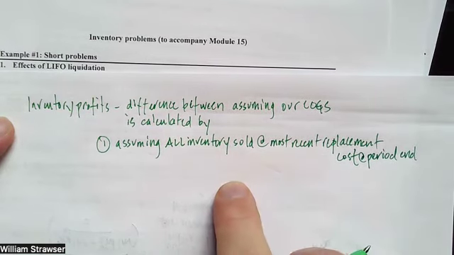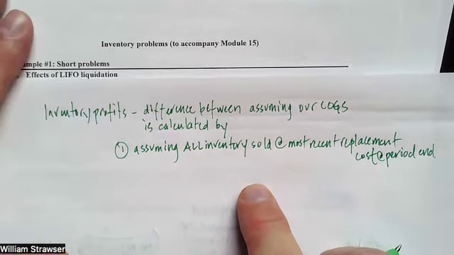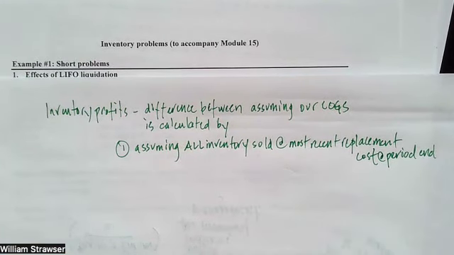So essentially, it's calculating cost of goods sold as if every unit of inventory that I sold costs the amount it would cost to replace it today, right? What the price of that inventory is for me to purchase today doesn't matter if, during the period, I sold something that I bought a year ago.